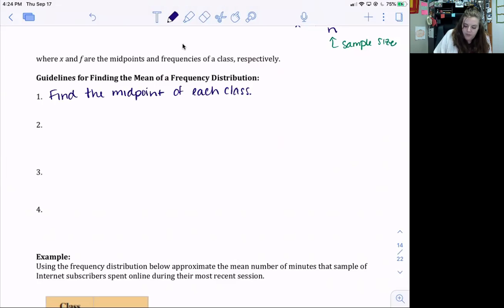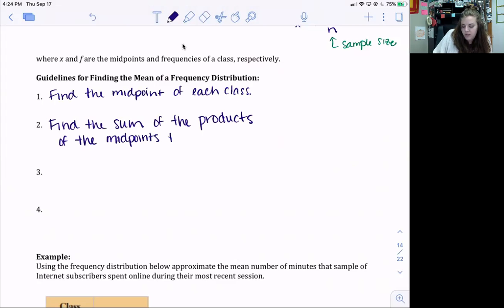Then we're going to find the sum of the products of the midpoints and their frequencies.